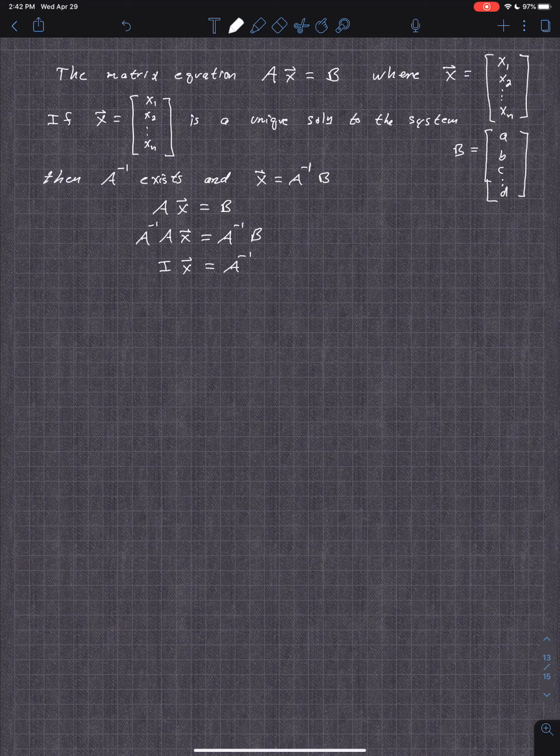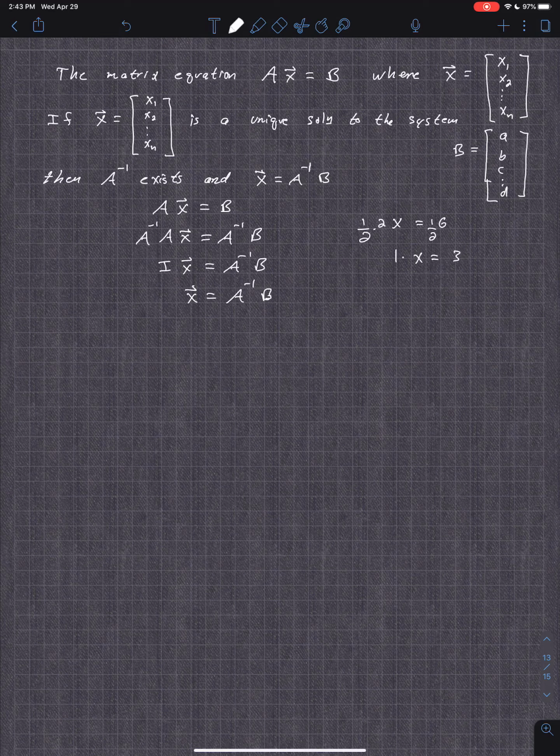So identity matrix times x is just x. So x is that solution, A inverse B. So that is basically just like solving 2x equal to, say, 6. Basically, you multiply by the multiplicative inverse on both sides. 2 over 2 is 1.